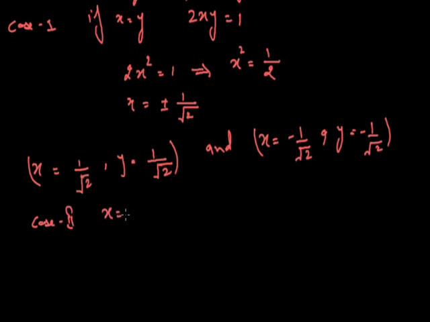Now case second is x equal to minus y, and 2xy equal to 1, so minus 2x square equal to 1, so x equal to plus minus iota upon root 2.